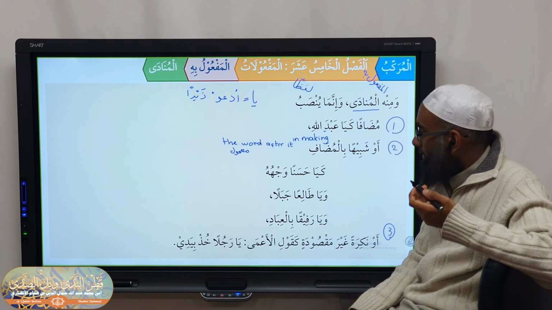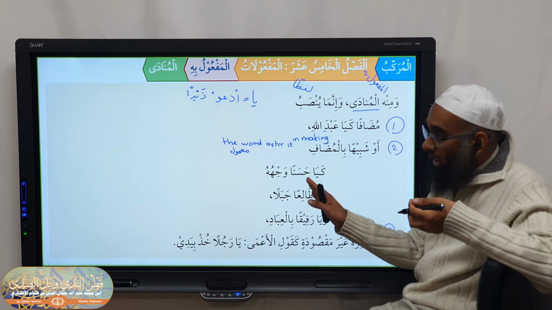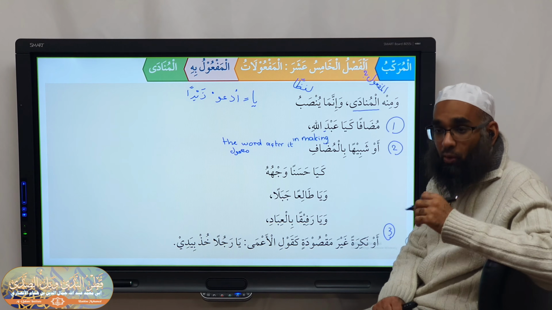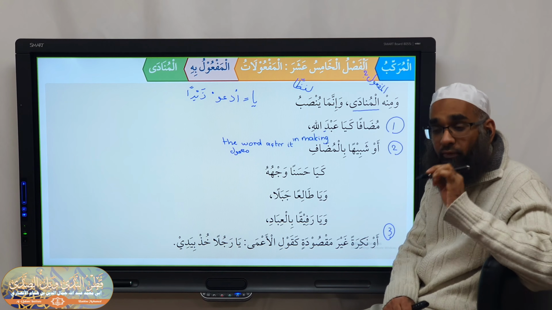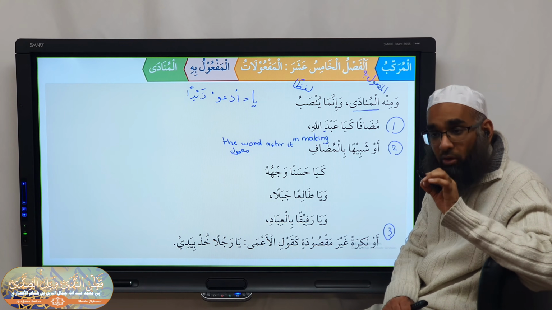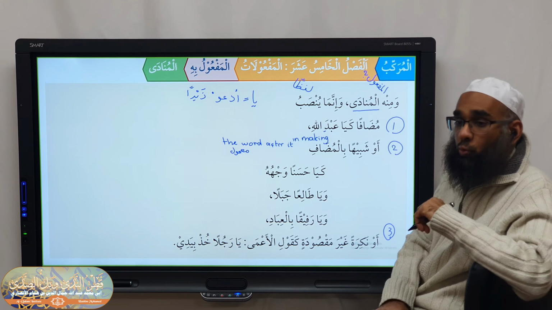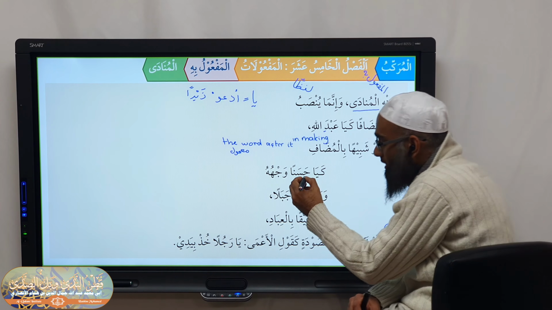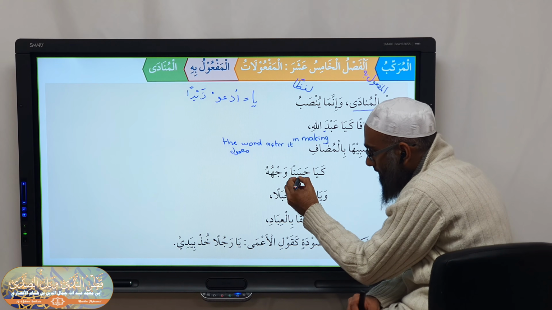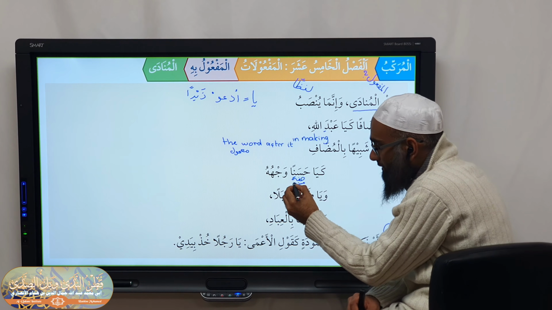So what does he have here? He's now given 3 examples where a noun governs the word after it. For example, Ya Hasanan wajhuhu. So Hasanan is sifatun mushabbahatun bismil fa'il.